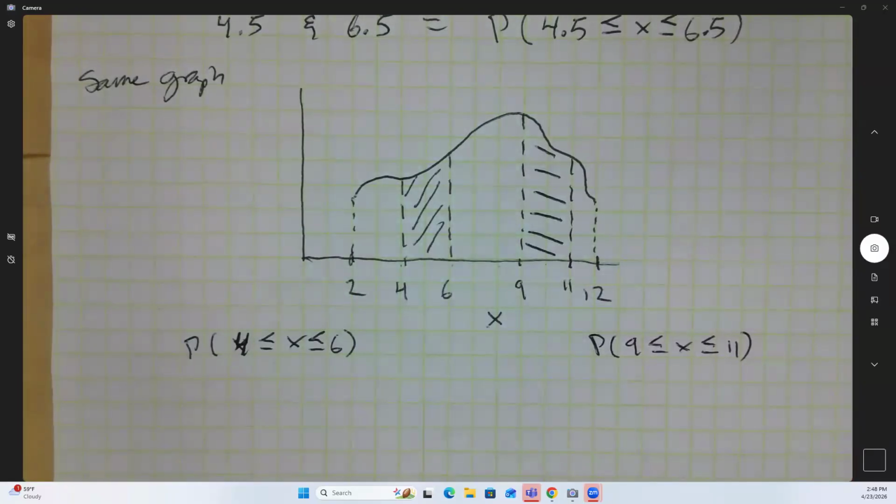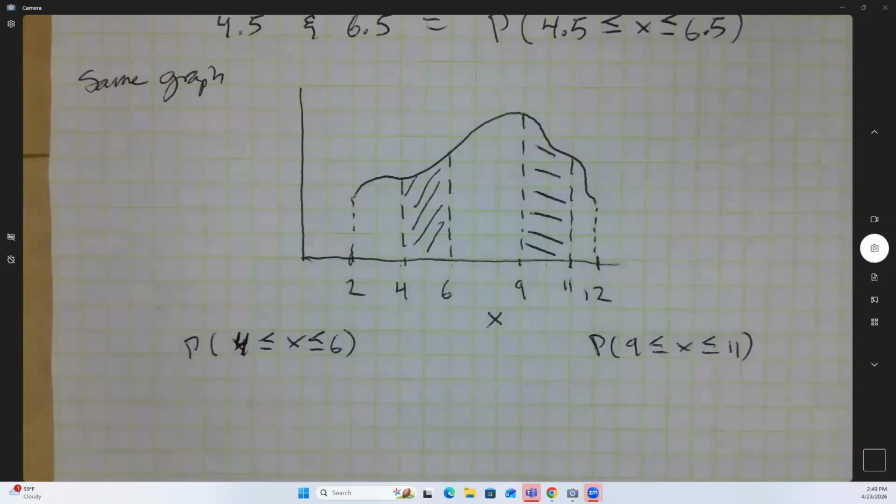Which of those is bigger? Which probability is bigger? Take a minute, talk about it with your neighbor. What's a probability again in a continuous probability distribution?